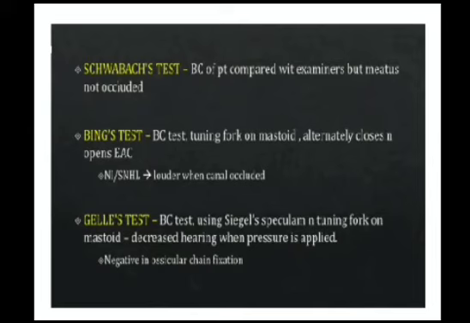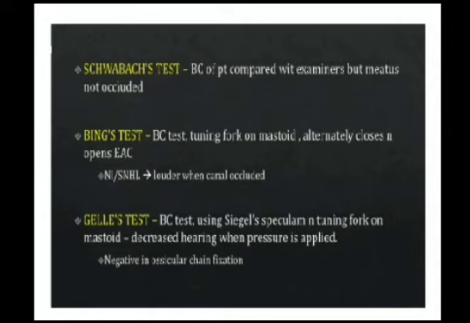There are other tests. Schwabach's test, in which the BC of the patient is compared with the examiner's, but the meatus is not occluded, and Bing test, a BC test, in which the tuning fork is placed on the mastoid while alternately closing and opening the EAC. That means in SNHL the sound is not louder when the canal is occluded.